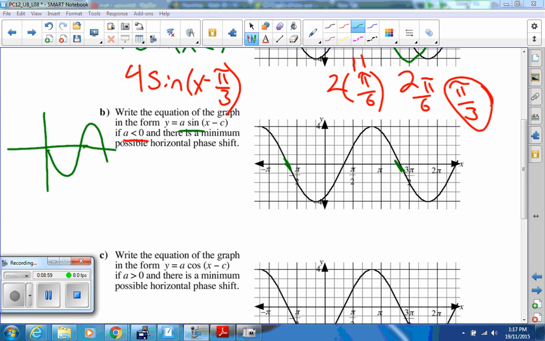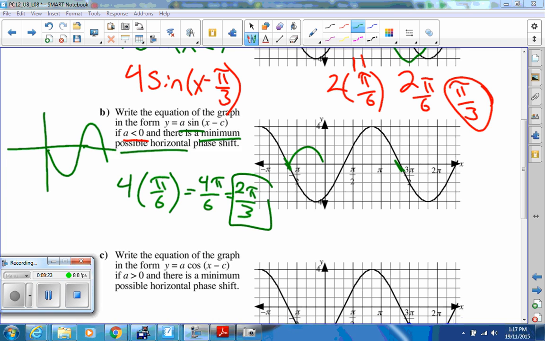And this is where there's an infinite number of possible answers, but they make it less by saying minimum horizontal phase shift. So the minimum phase shift would be 4 boxes to the left. We already decided that each box was pi 6ths, so 4 times pi over 6 is 4 pi over 6, which is 2 pi over 3.